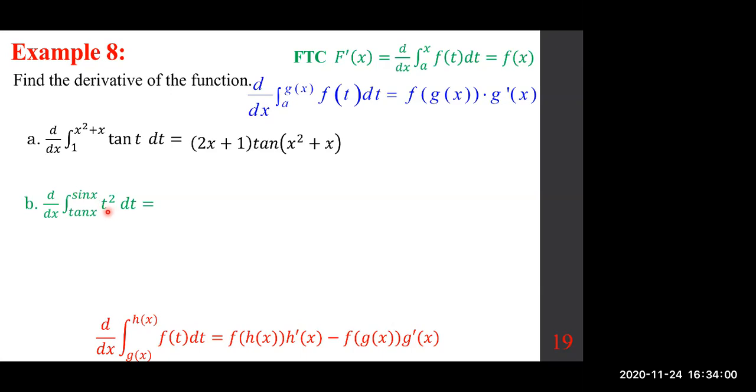The derivative of sine is cosine x. Minus, now let's plug in tan. So we get minus tan x to the second power, or tan squared. And then times g prime, times the derivative of tan, which is secant squared. So one more time. Plug in sine, and then times the derivative of sine. Minus, plug in tangent, and then times the derivative of tangent, which is secant squared. So we just are following this formula, class. We are just following this one.